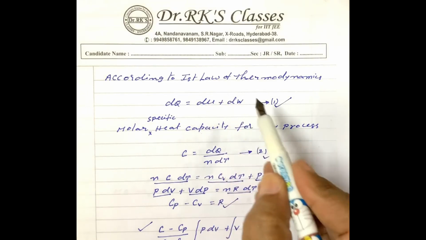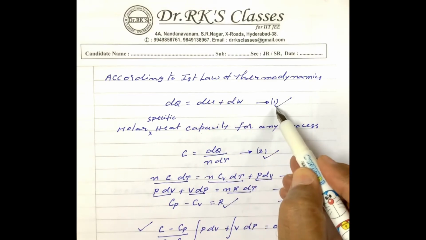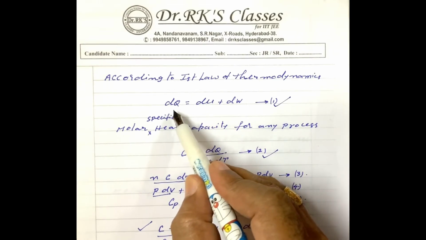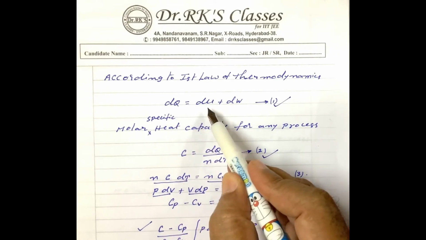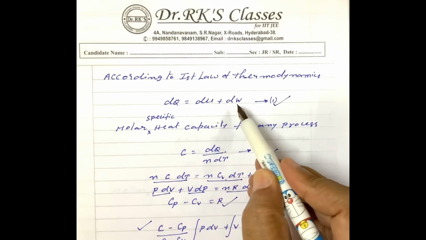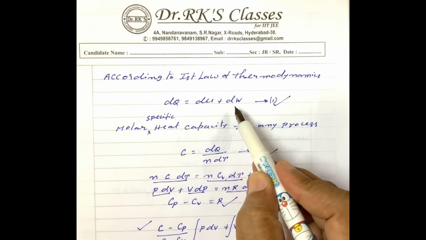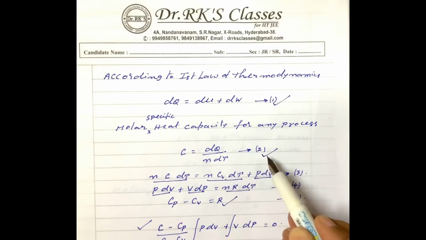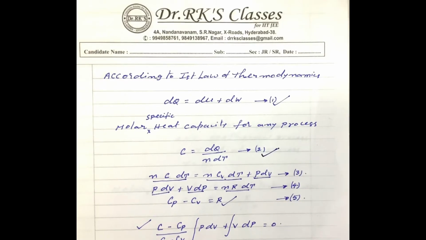So according to first law of thermodynamics, dQ is equal to dU plus dW, where dQ is the amount of heat given to the system, dU is increase in internal energy, dW is work done. We know that molar heat capacity for any process is defined as C is equal to dQ by n dT, where dQ is the amount of heat given to system, n is the number of moles of the system, dT is rise in temperature.